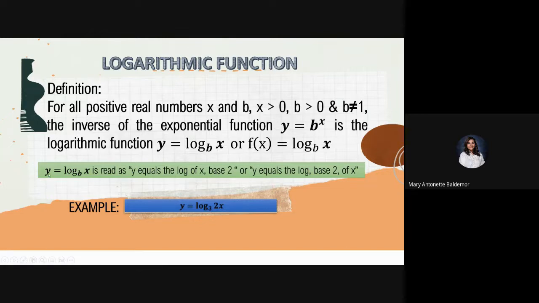Note that y is equal to the logarithm of x with base b is read as y equals the logarithm of x base b, or y equals the logarithm base b of x. We have one example here: y is equal to the logarithm of 2x with base 3.